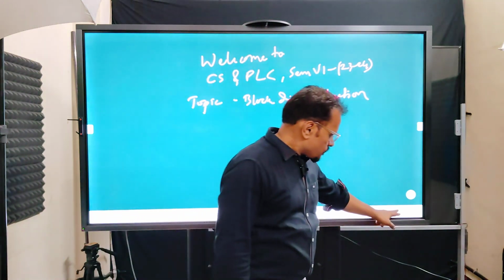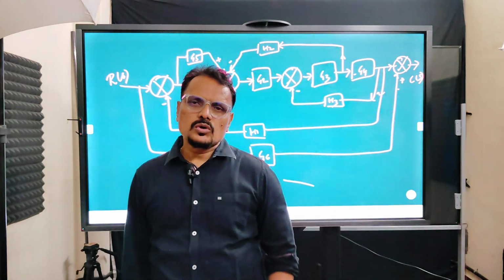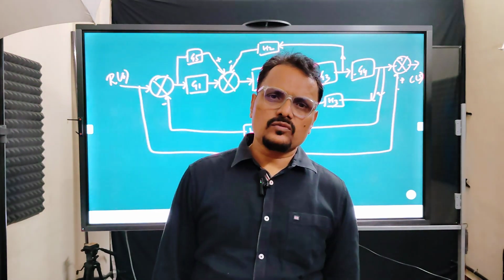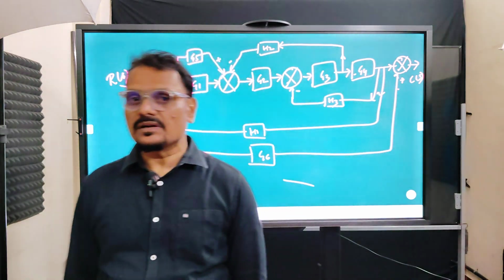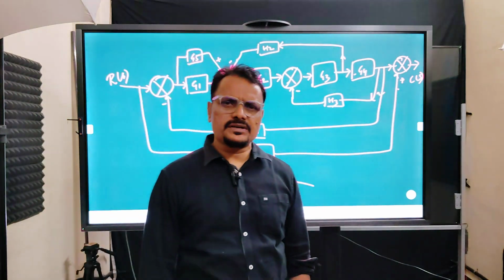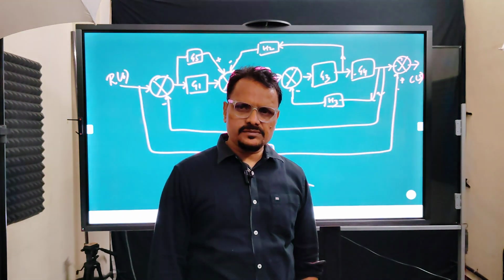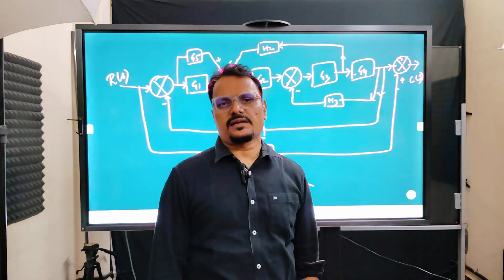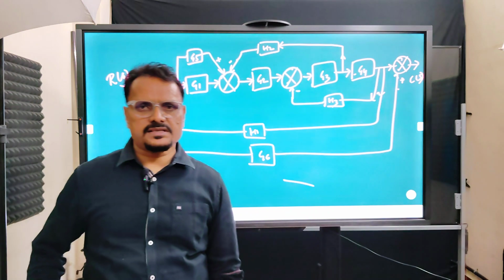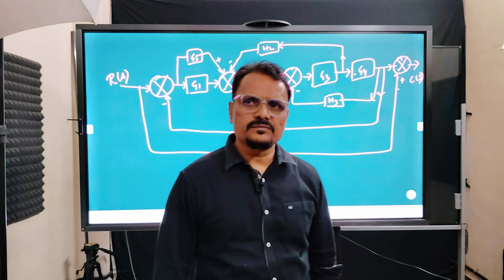Okay. So basically, to find out whether the system is stable or not, or to find out other parameters, any kind of system is first converted into a block diagram. That you have seen in your previous lecture, why the block diagram is important.